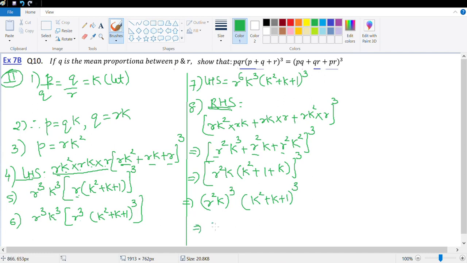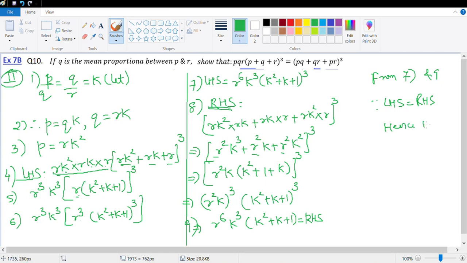That's R to the power 6, K to the power 3 and K square plus K plus 1, and this is equal to right hand side. So let's give it a number 9. From 7 and 9, since LHS is equal to RHS, hence proved.